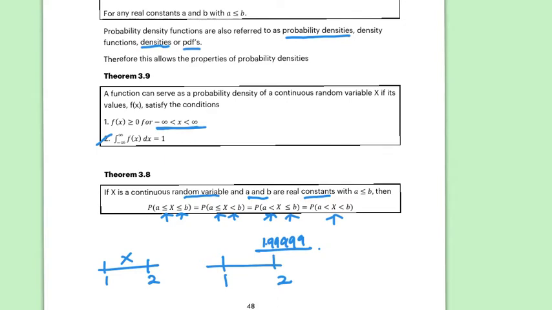So this is the difference. The inequality symbol used in discrete is very sensitive, but if you use a continuous random variable, the inequalities are almost the same. Everything is equal. There are no real differences between the numbers because it is a continuous random variable.